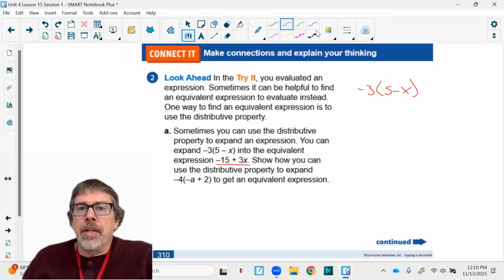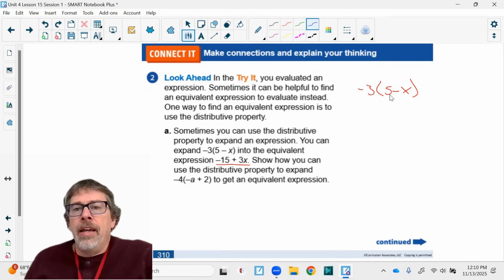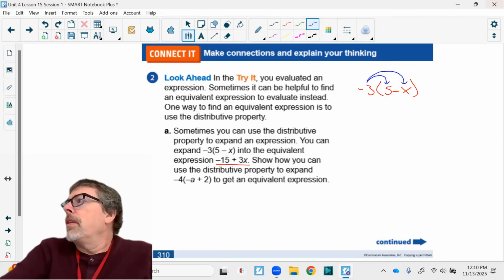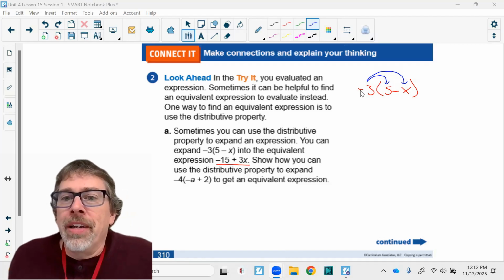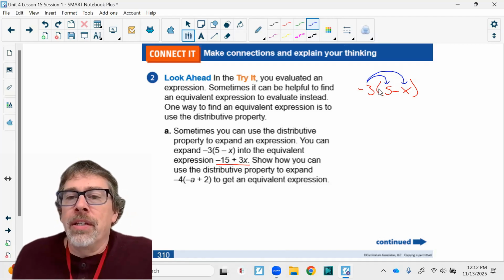So I'm going to explain the distributive property. When I have a number outside the parentheses, it has to be multiplied by everything in the parentheses. So there are two terms in here, and terms are separated by operations of addition or subtraction. So the way I always want my students to do it is, okay, what I always do is focus on the sign first.